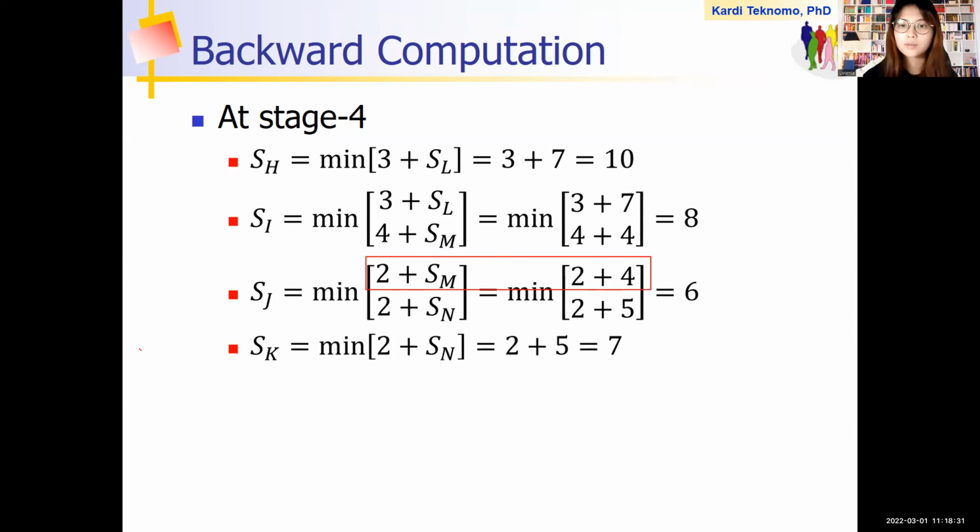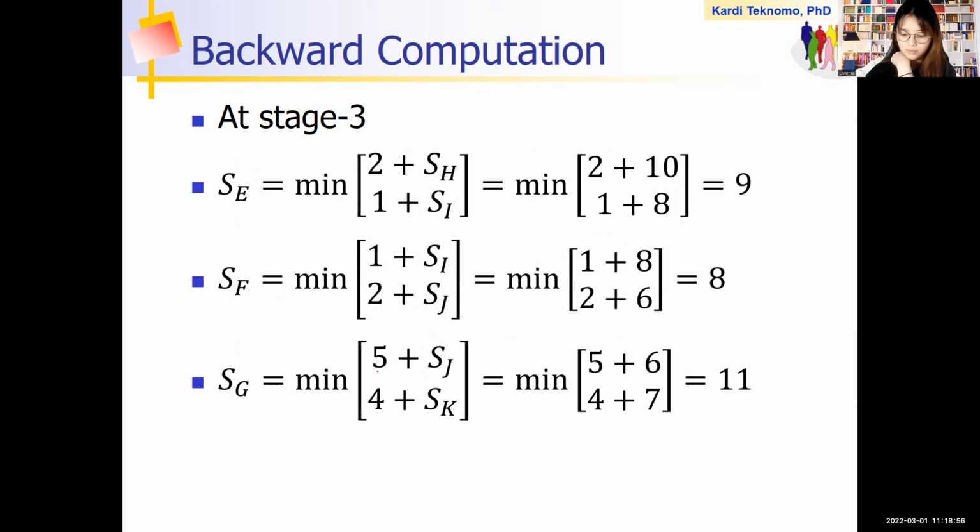SI is equal to 8. Where does it come from? From SM. So in that case, MI will be the link, if you use I. And so on, the same thing here, right?